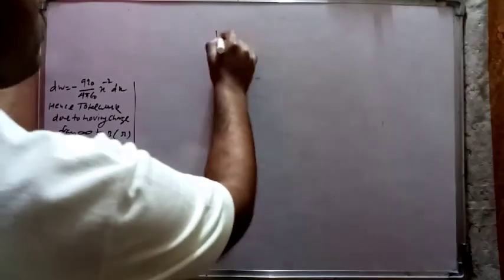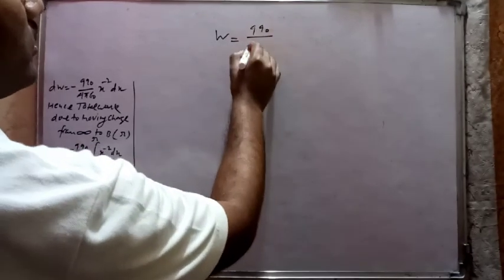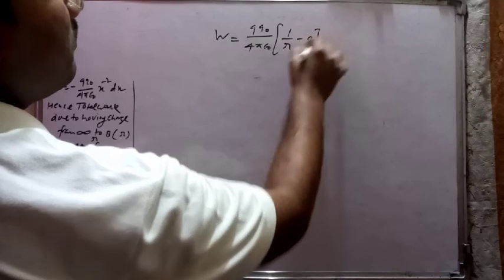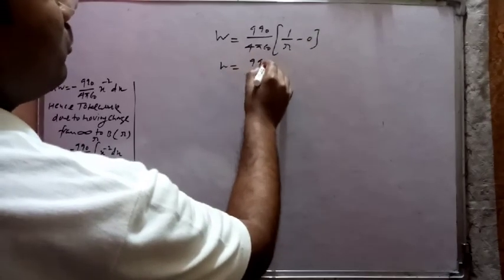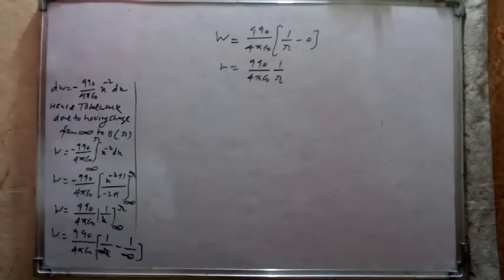Then W is equal to Q Q naught over 4 pi epsilon naught, 1 upon r minus 0. So W is equal to Q Q naught over 4 pi epsilon naught r.